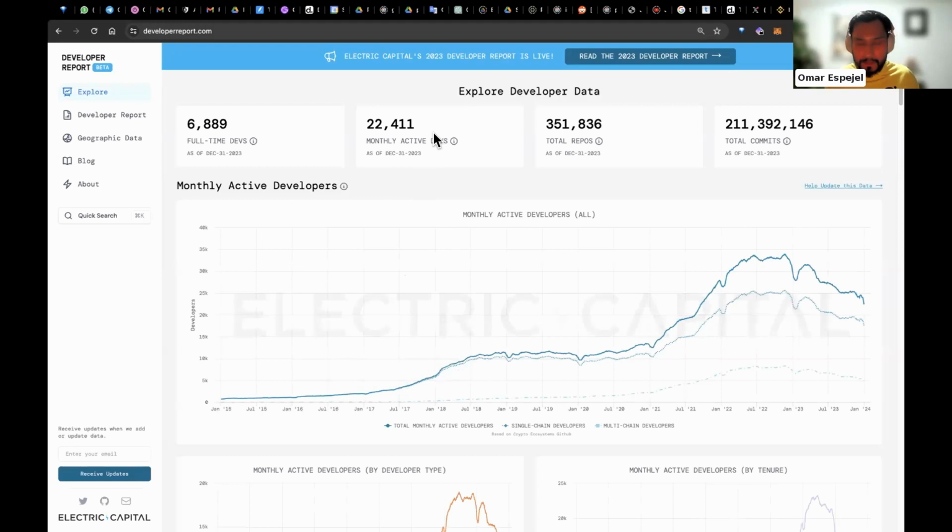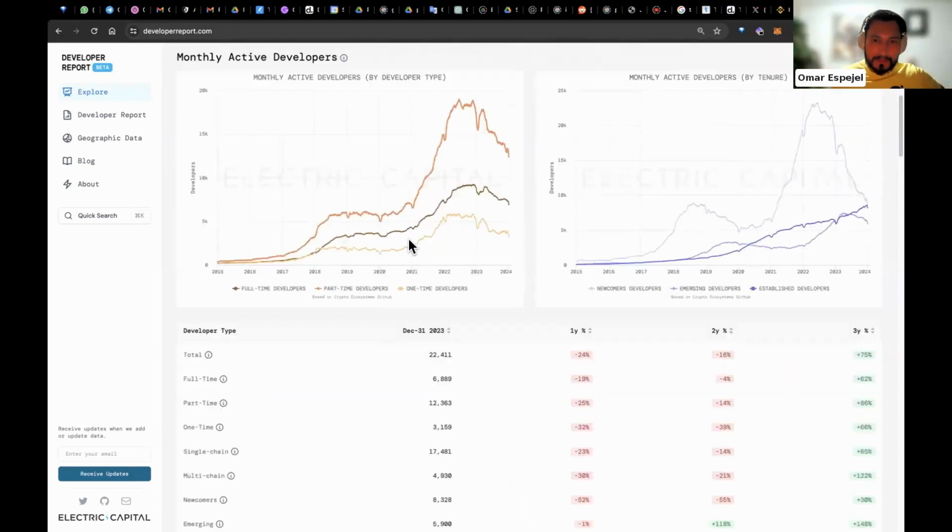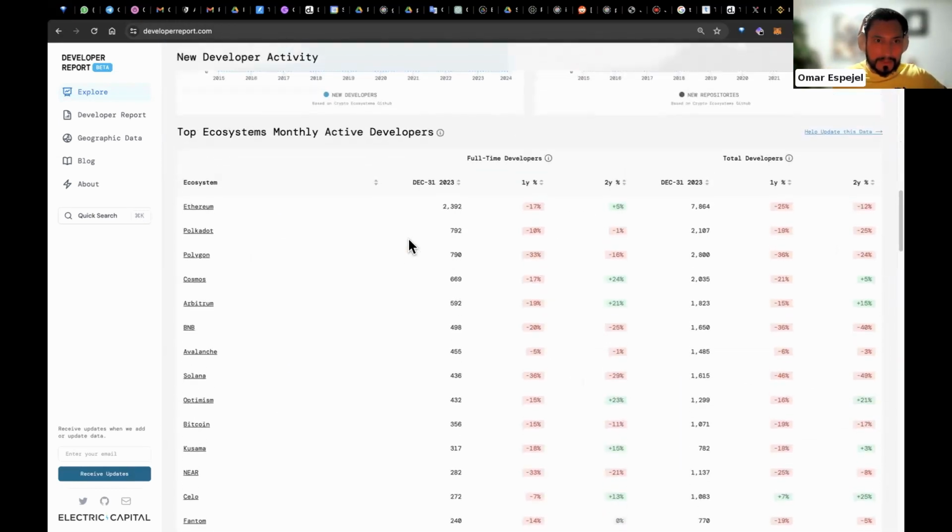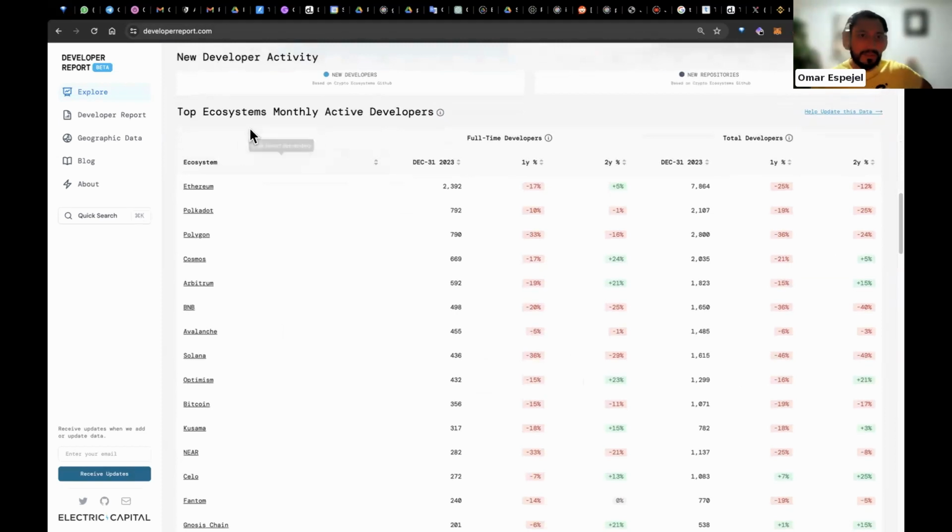So here you can see the developer report, which is the most used report on the number of developers that all blockchains have. This table shows the top ecosystems on active developers, ordered by full-time developers. As you can see, Ethereum has more than 2,000 developers, but practically all the different ecosystems have lost a lot of developers from one year ago to now.